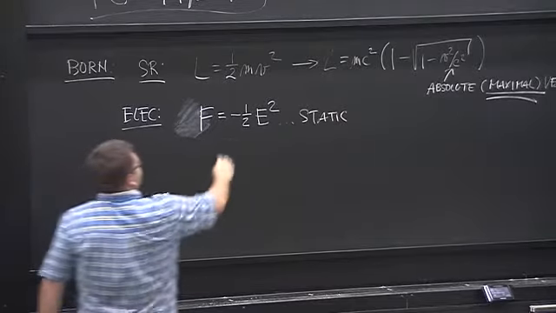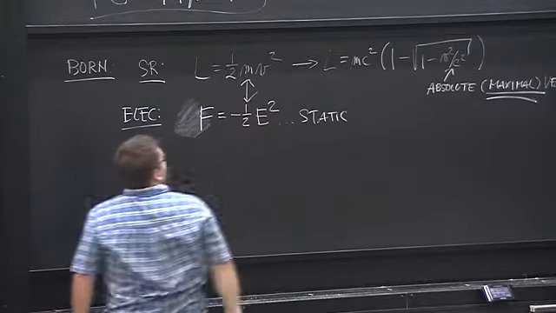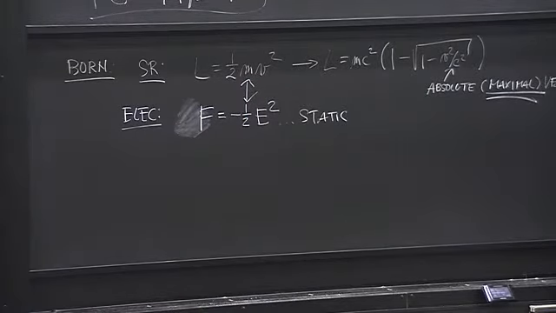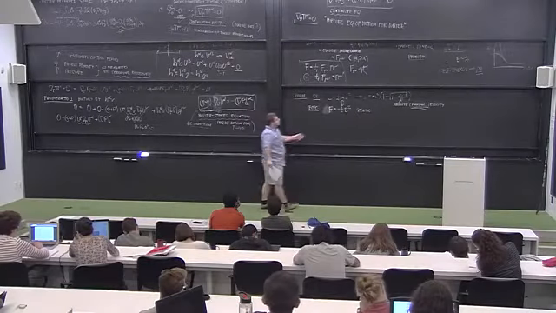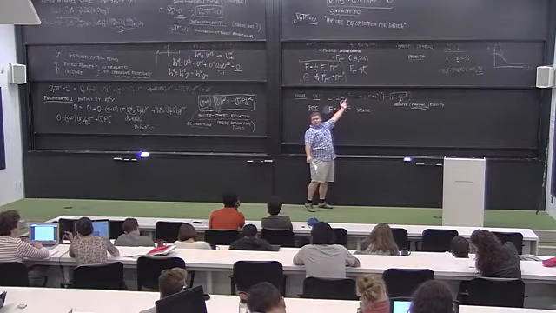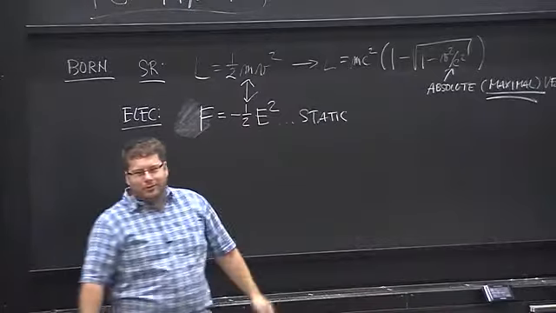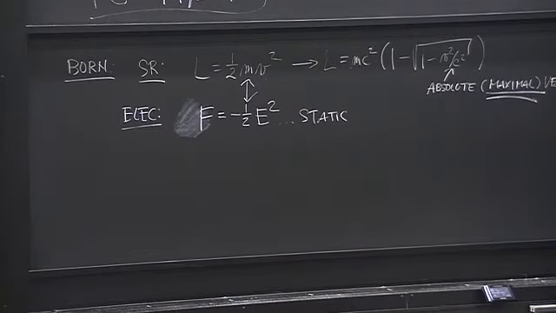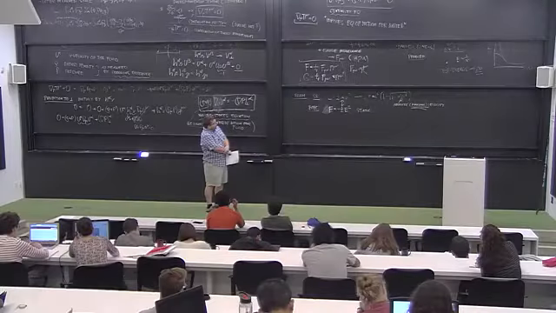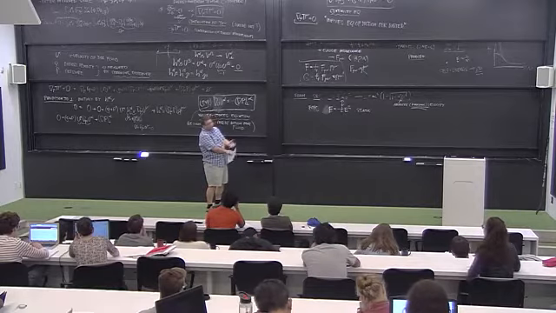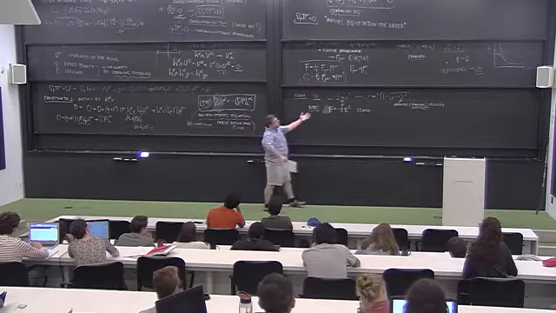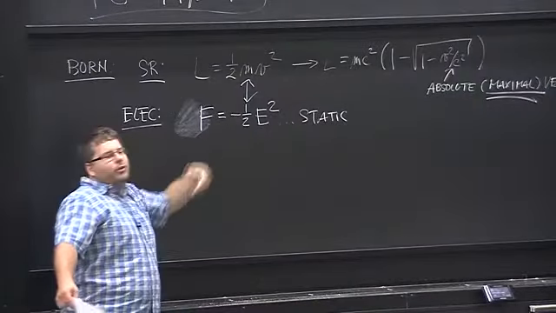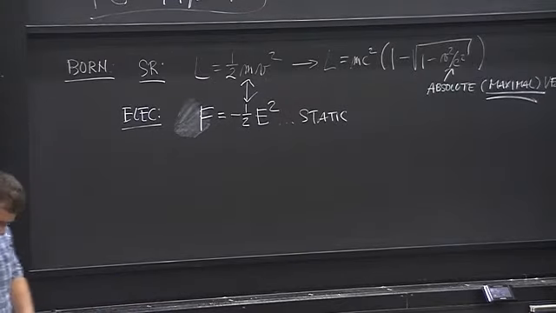Well, it looks like this guy here, right? I have an arbitrarily large E, and I have arbitrarily large v here, and it's quadratic in E and quadratic in v. So this was the proposal for Maxwell theory: we were setting L equal to F, which is minus 1/2 E square in the static limit.